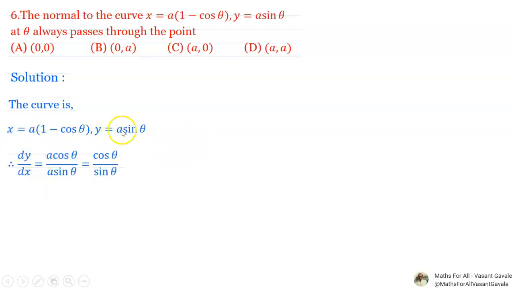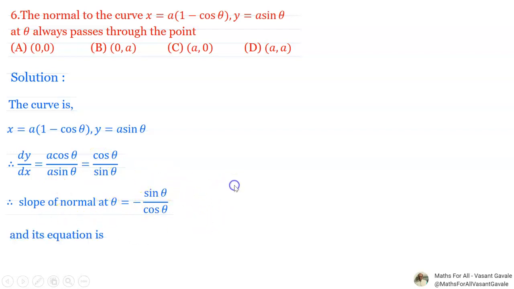Differentiate, this is a parametric differentiation. dy by dx equals dy by d theta upon dx upon d theta. Then you will have dy by dx equals cos theta upon sin theta. This is the slope of the tangent. Slope of the normal at theta equals minus sin theta upon cos theta. Now the equation of the normal is y minus y1 equals slope of the normal times (x minus x1).